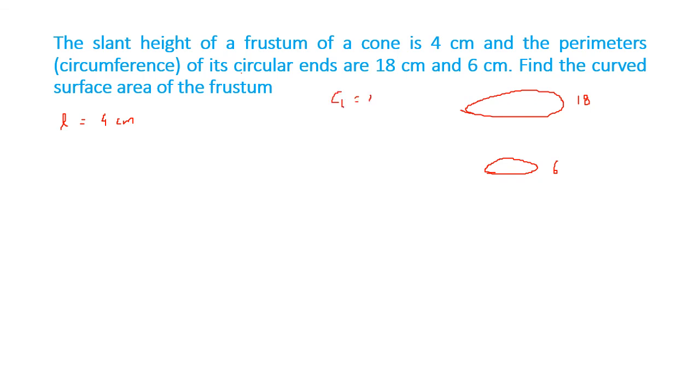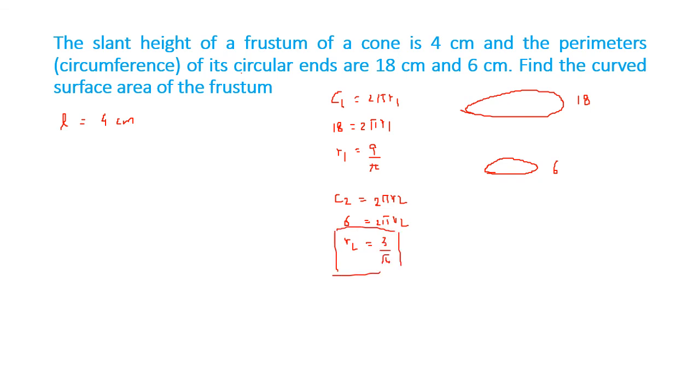So C1 is 2 pi R1. So 18 equal to 2 pi R1. So R1 equal to 9 upon pi. C2 equal to 2 pi R2. So C2 is 6. So R2 equal to 3 upon pi.